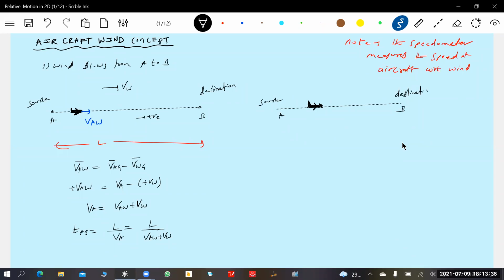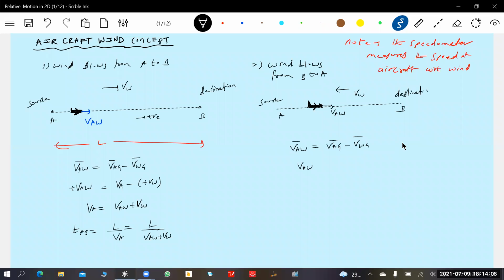Okay, there's an aircraft moving with a velocity with respect to wind, and the wind blows opposite to the direction of motion of the plane. Your second case, wind blows from B to A. Then again the formula VAW equals VAG minus VWG.